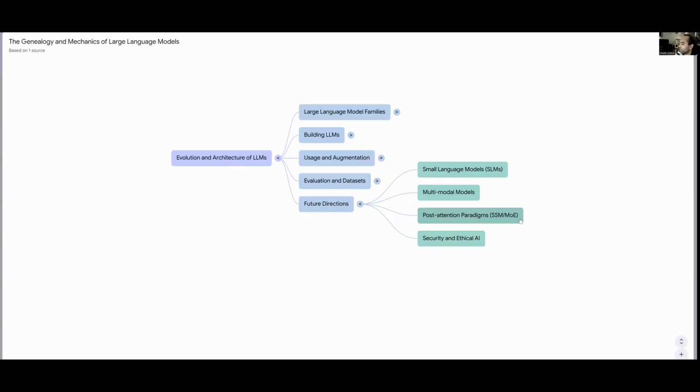These models are known for handling longer contexts. Now, we cannot finish the video without talking about security and ethics. This is crucial, guys, because these models need to be secured against attacks like adversarial attacks, and it's important to mitigate biases that might be learned during training before releasing this model to the public.